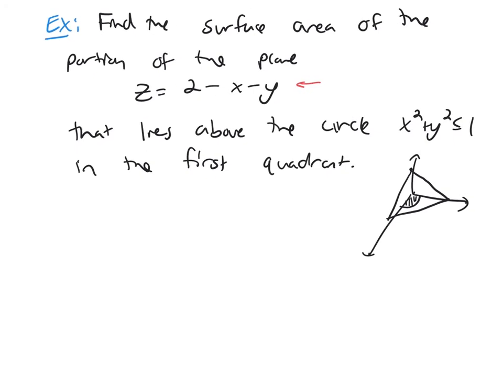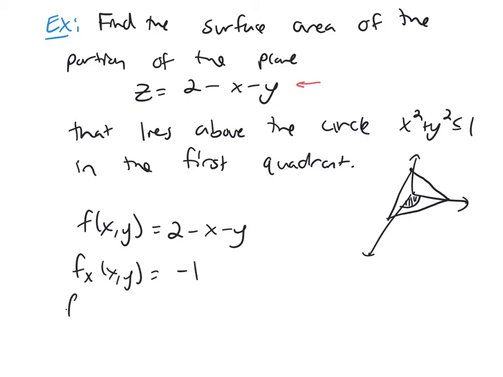So here our function f that we're trying to find the surface area for is 2 minus x minus y, and this is the function we need to find the partial derivatives of. So the partial derivative with respect to x is -1. The partial derivative with respect to y is also -1.